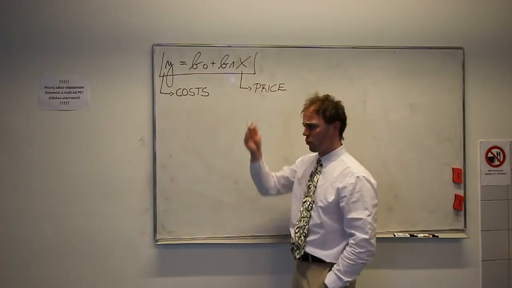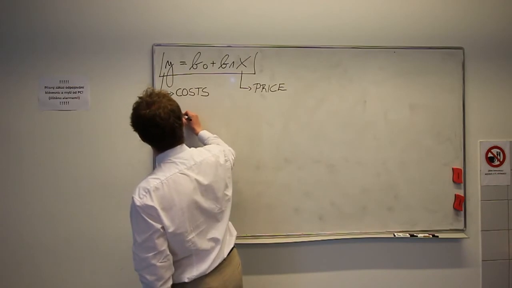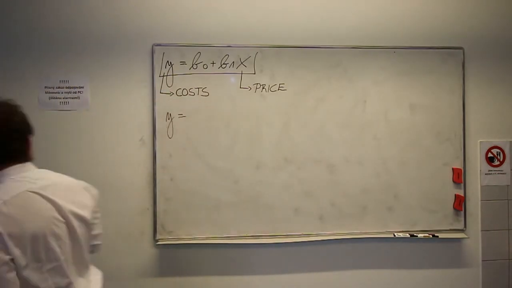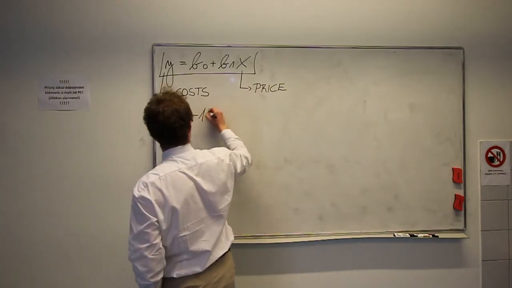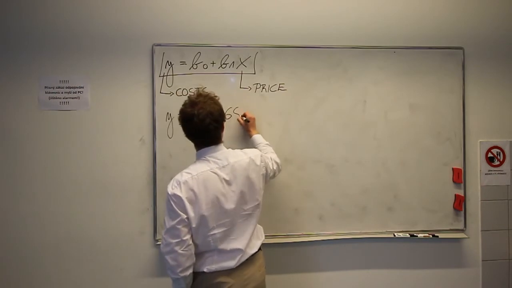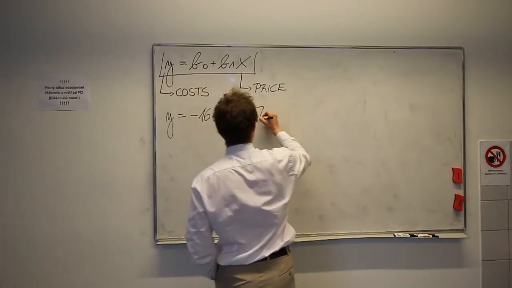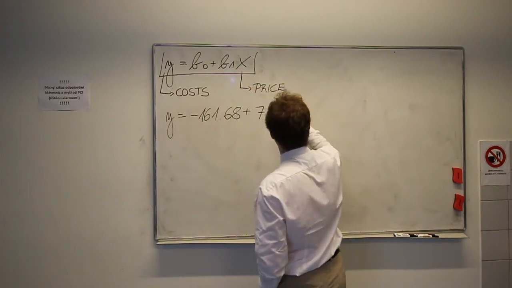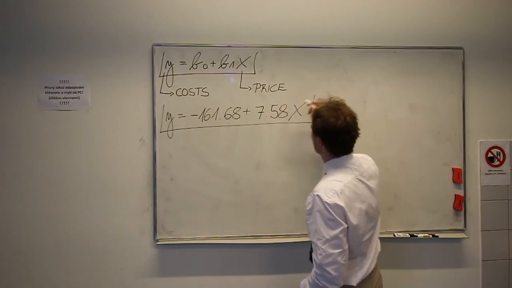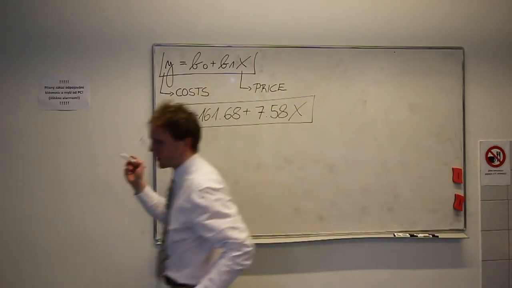According to regression analysis in Microsoft Excel, we can write that the costs are equal to minus 161.68 plus 7.58x. So this is the line. And now our two questions.